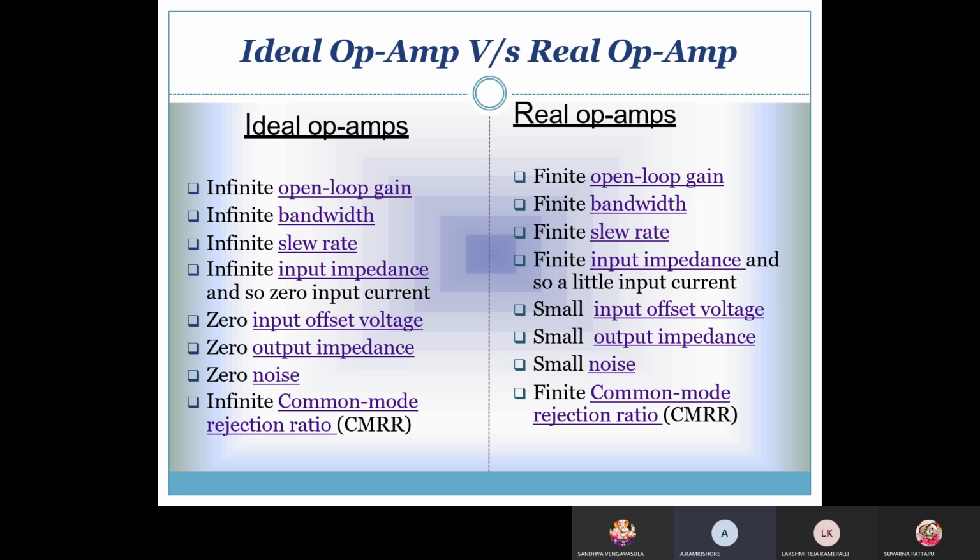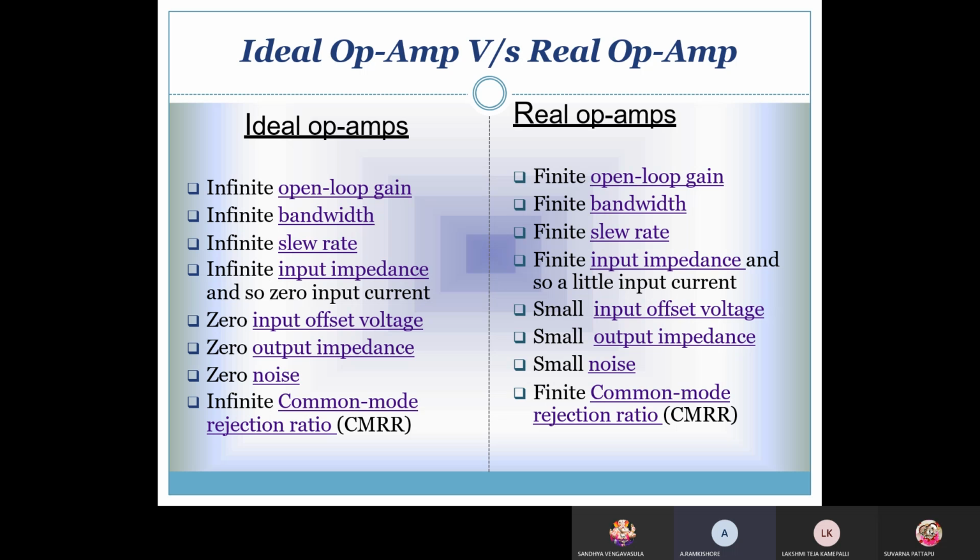The function of a differential amplifier is to amplify the difference between two input signals, that is, V naught is equal to V1 minus V2. Whenever we amplify that difference, it is called a difference amplifier.